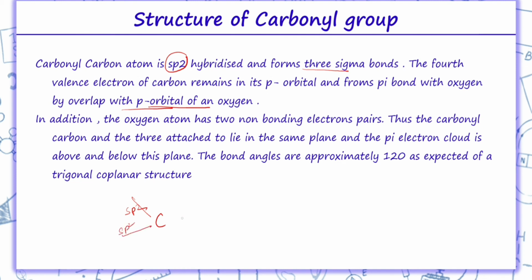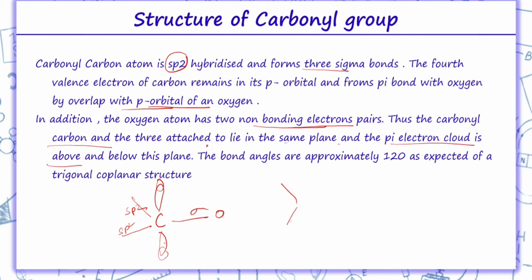This carbon forms sigma bond with oxygen. So these are the remaining p orbitals which form pi bond with oxygen by overlap with p orbitals of oxygen. In addition, oxygen atom has 2 non-bonding electron pairs. Thus, carbonyl carbon atom and the 3 atoms attached to it lie in the same plane and pi electron cloud is above and below.